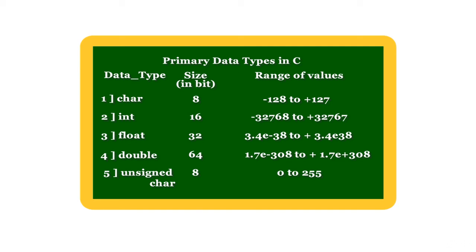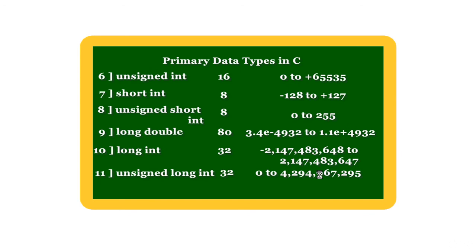When you put unsigned before a character variable, its range changes from this value to 255. In the same manner, when you put unsigned before int, its range increases from 0 to 65,535. There is also a keyword short.